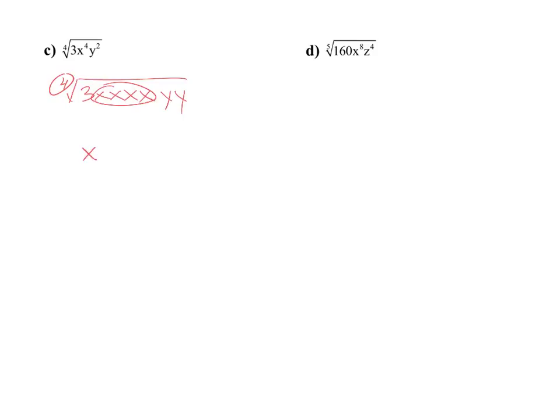And everything else stays inside. And I could actually take the square root of y squared and simplify that a little more. So I could do this. Let's not forget the fourth root.